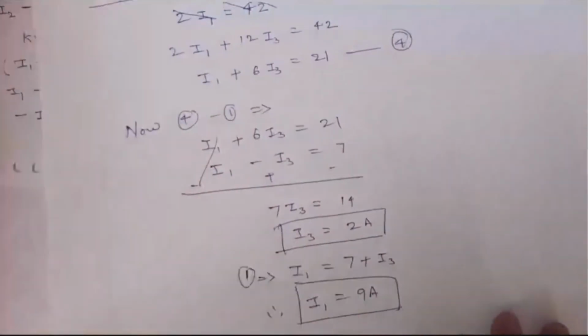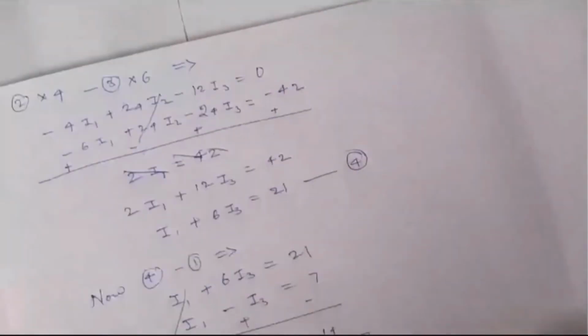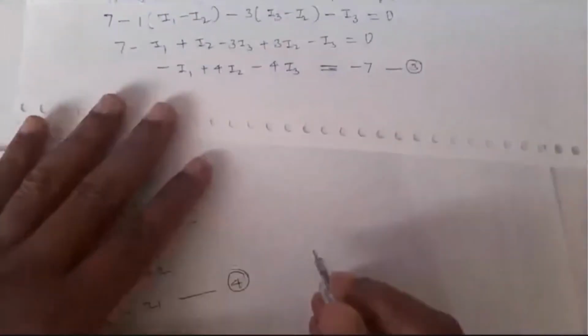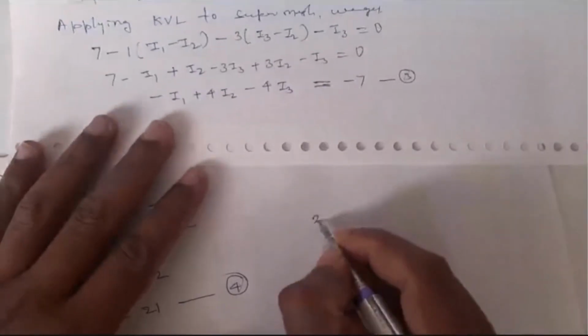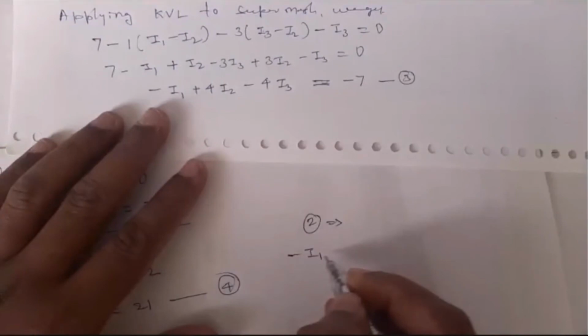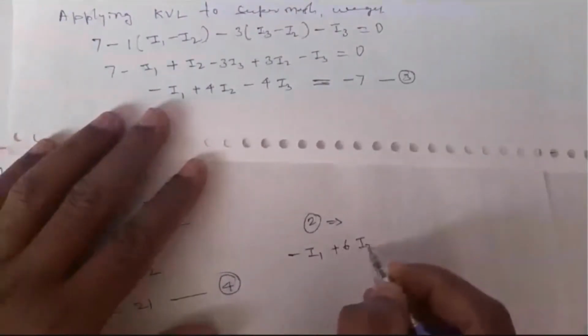Okay. So finally, you can use either equation 2 or equation 3 to calculate I2. So let me use equation 2. Equation 2 implies minus I1 plus 6I2 minus 3I3 is equal to 0, right?